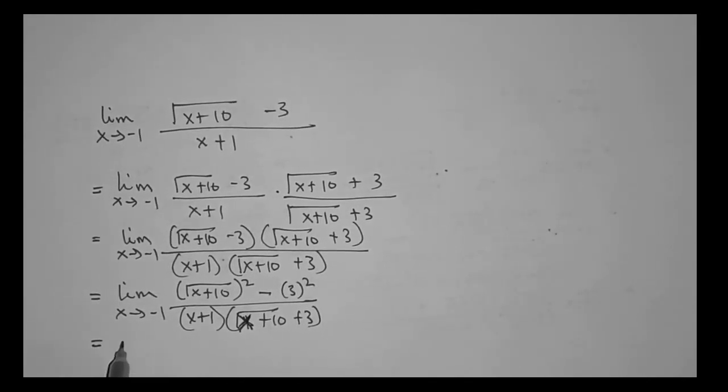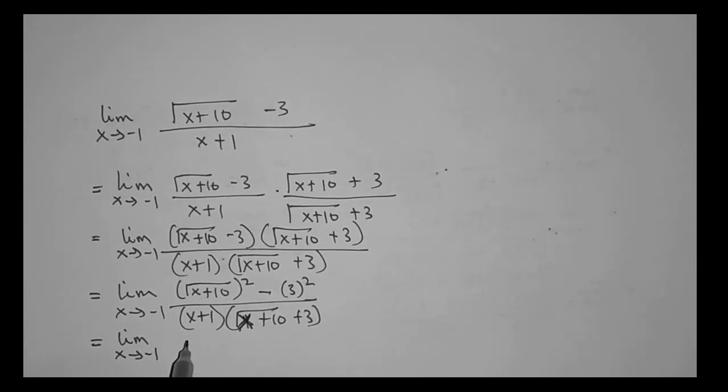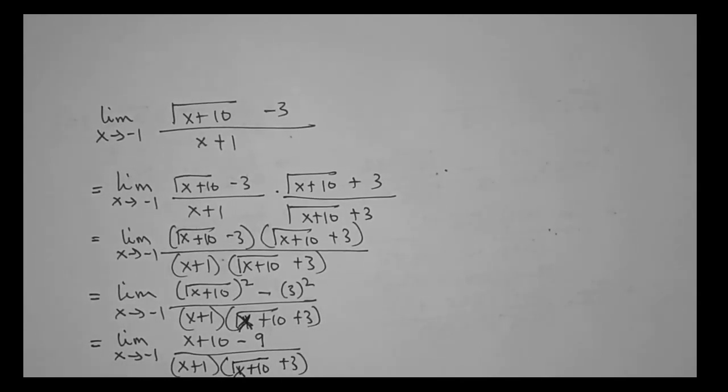So this is equal to the limit as x approaches minus 1. Root x plus 10 squared is x plus 10, minus 3 squared, that is 9, divided by x plus 1 times, in another bracket, square root of x plus 10 plus 3.